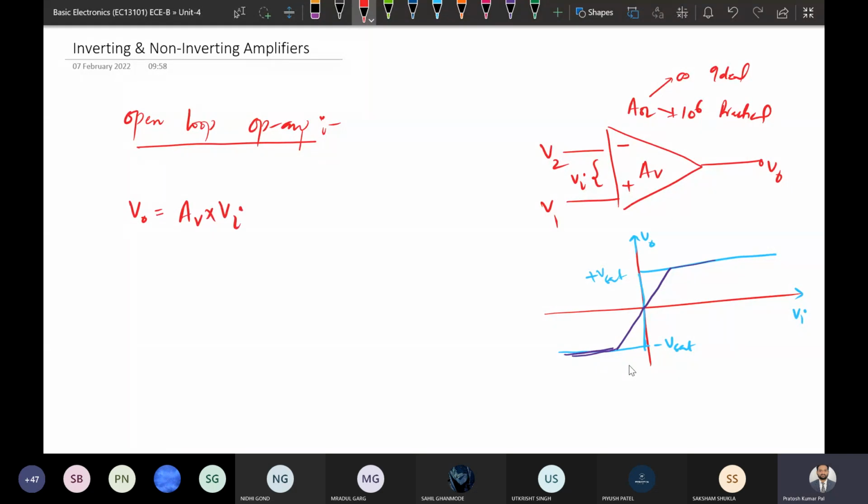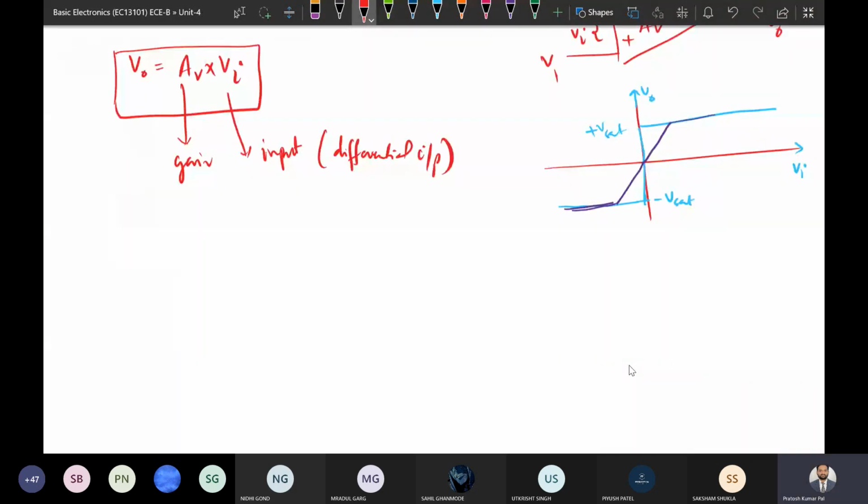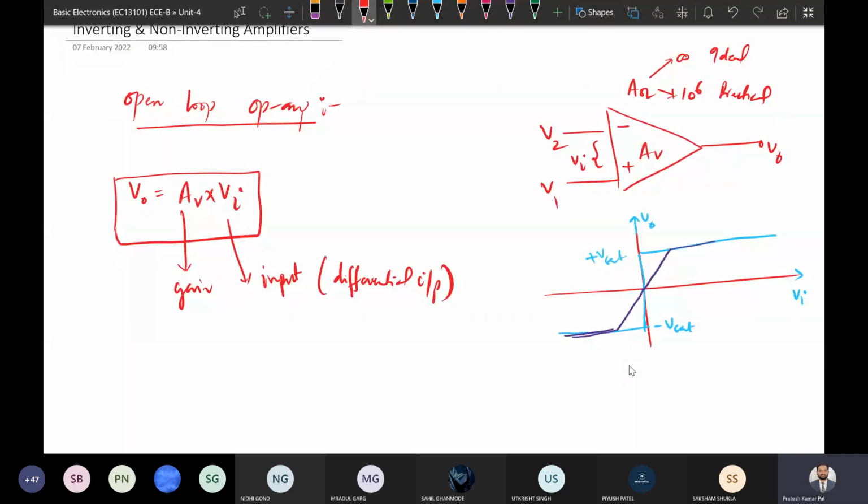This is your gain and this is the input, or we call it the differential input basically. Between these two terminals, the difference of whatever inputs we have applied will be the input voltage. So here the output will be either plus V sat or minus V sat.